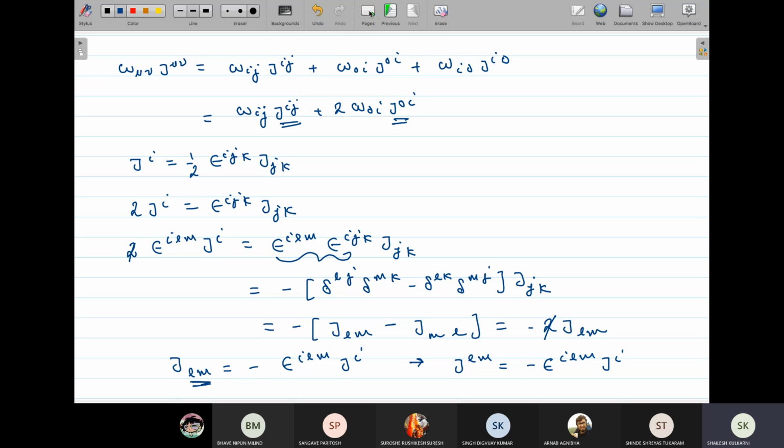At the end, if I substitute that, omega mu nu j mu nu will be equal to minus omega ij epsilon ijk jk, plus 2 times omega i0 j i0.